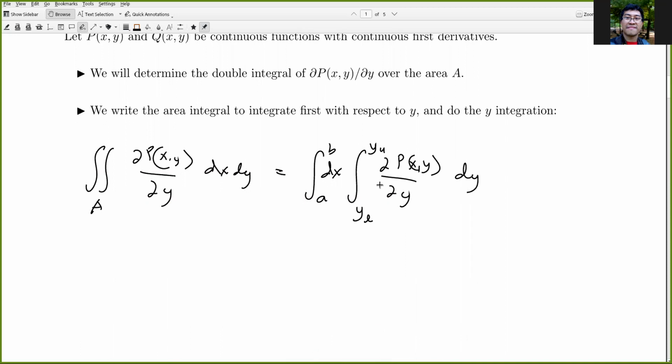So this can be solved easily using fundamental theorem of calculus. This is simply p(x,y) at the upper limit minus p(x,y) at the lower limit.